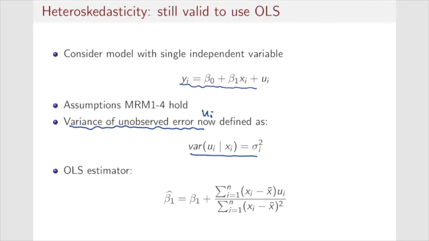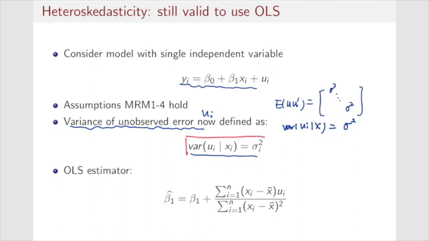Remember that when we introduced homoscedasticity, we said that the variance covariance matrix of the error term is in this form. The diagonals are all sigma square. This means the variance of u_i conditional on x is always sigma square.